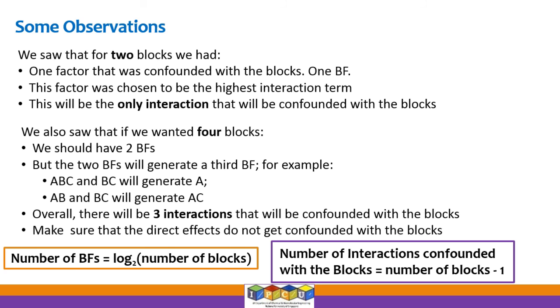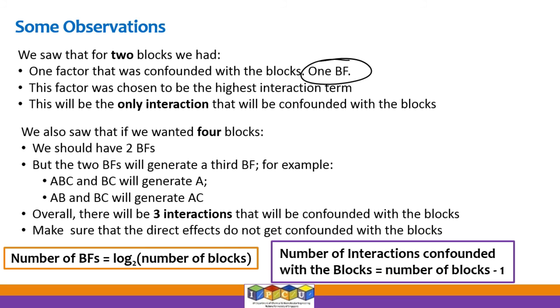So let us now gather some observations from whatever little we did. When we had to assign experiments into 2 blocks, all we needed was one blocking factor, and only that factor was confounded with, for example, the skill level of the operators, right? So only that factor which we pick as the blocking factor, only that was confounded with the blocks.